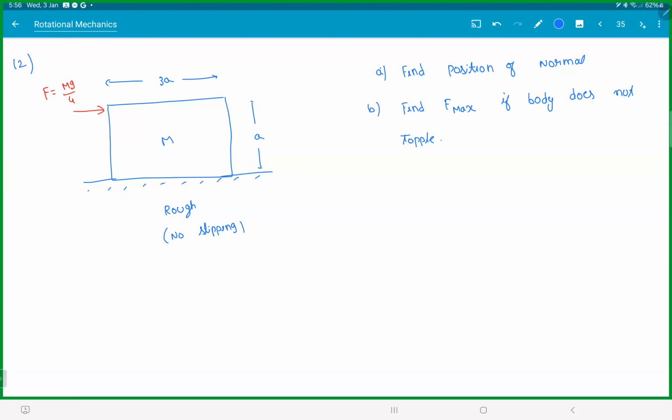Till now, in every problem that we did, did we ever give dimensions of the block? We have never given dimensions of the block. We never cared what is the size, what is the width, isn't it? So if the block dimensions are given, that is the biggest hint that toppling is involved in the question. Clear? So that is how you figure out it's a toppling question and not a regular one. No slipping is still fine, right? That is okay. Dimensions, that is the biggest clue there.